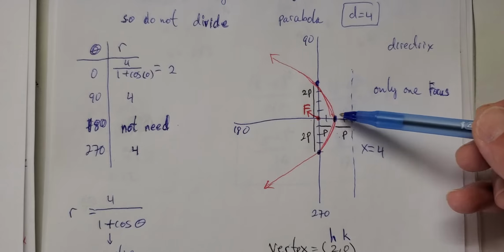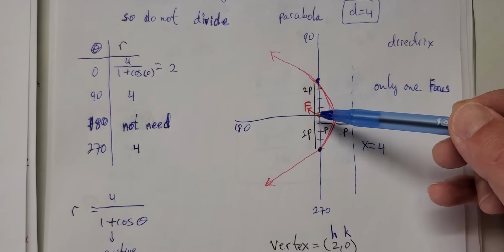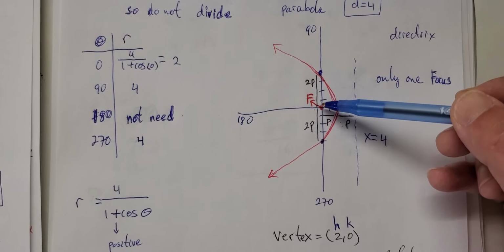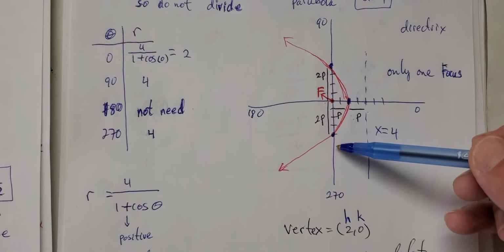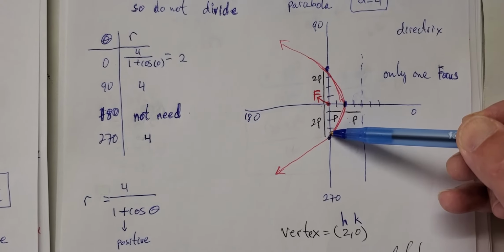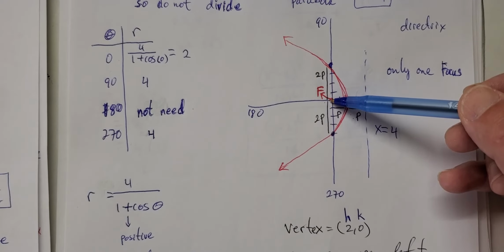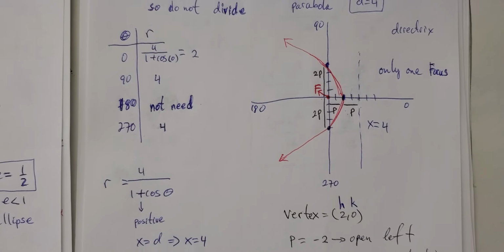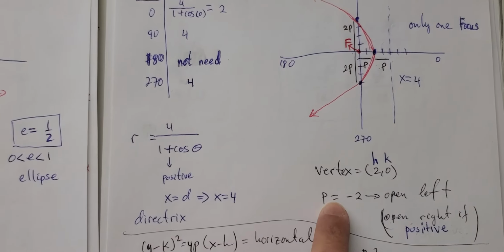So this distance here, where my pen is moving, is the same distance from the focus to this point. This is where my focus will always be. My focus will be here. So now we know our vertex and our p.